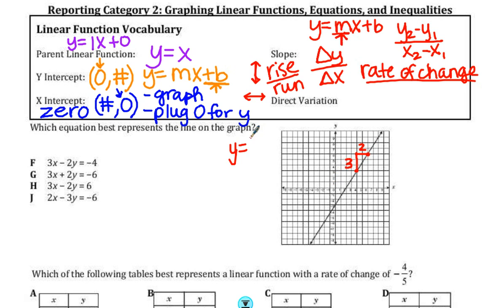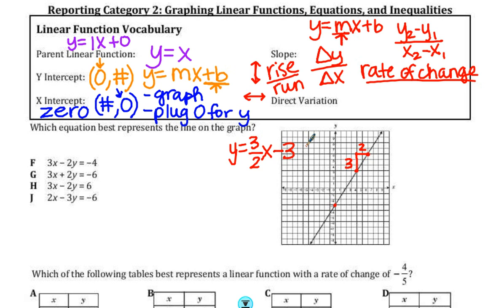So my slope is 3 over 2x, and then my y-intercept is here at -3. And that's how we write the equation for lines that we're given a graph for: y equals 3/2 x minus 3.